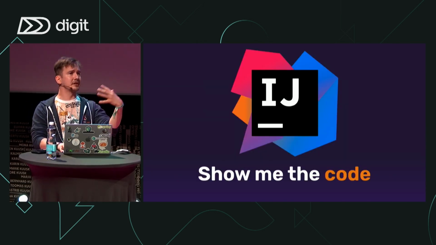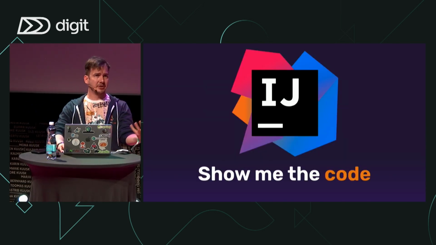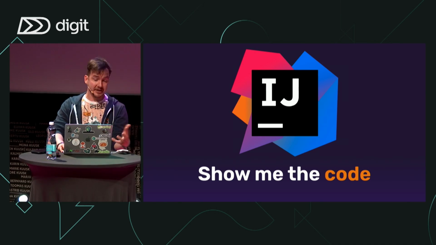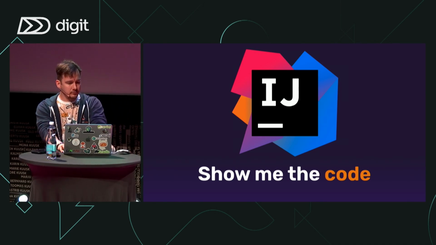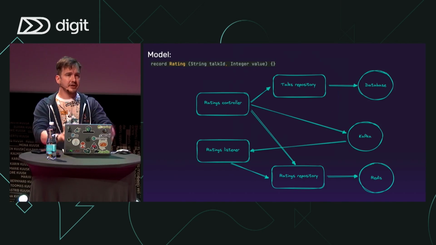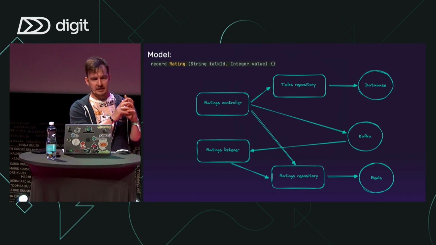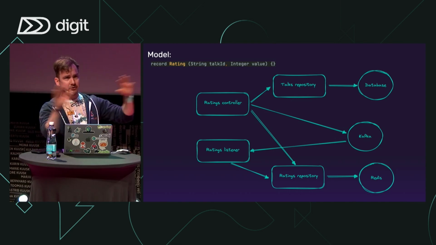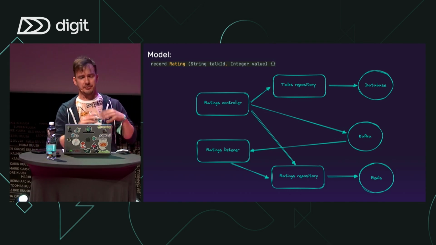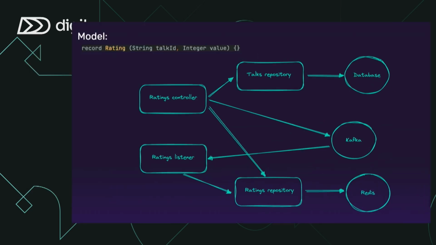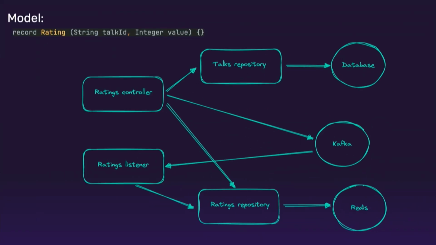So I'm going to show you a little demo of how it can be used in a Java application. We're going to do a very small Spring-based application. There will be conference talks, and there will be ratings, and the application allows you to submit ratings to certain talks, with a model of one Java record.